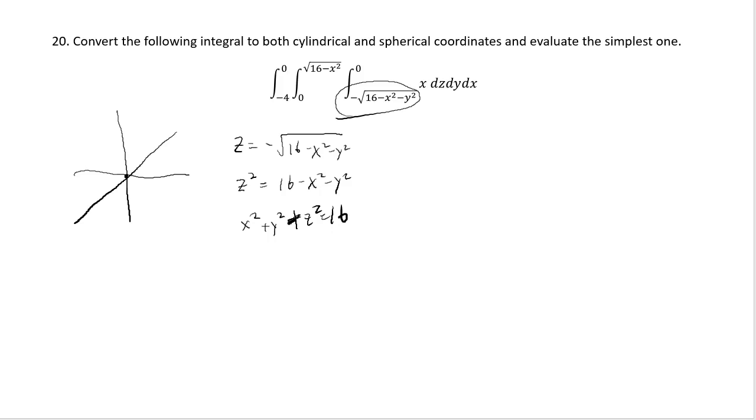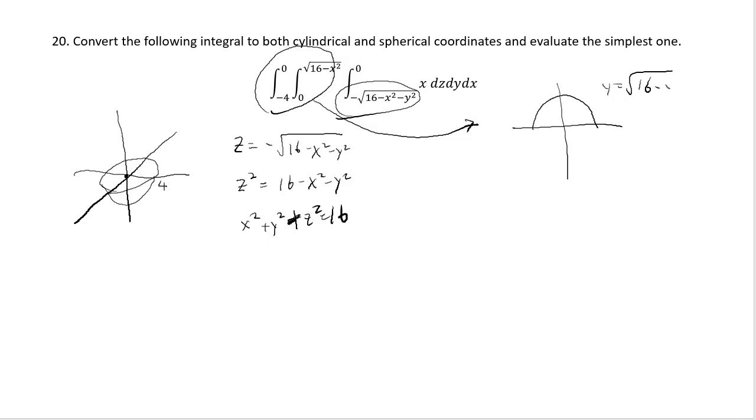This is a sphere of radius 4. But if you go back to the original one, you see that z can only be a negative value, so you just get the bottom half sphere of radius 4. However, you're not considering the entire bottom half sphere, you're only considering it over this domain. Let's see what this domain is. y equals square root of 16 minus x squared is just the top half circle.